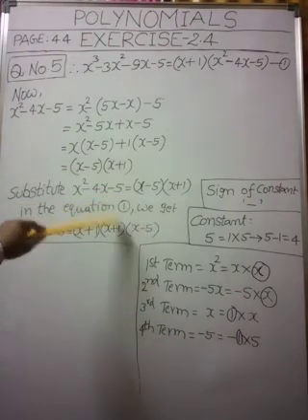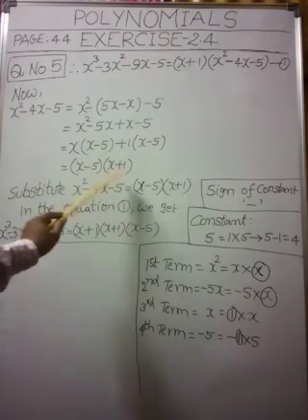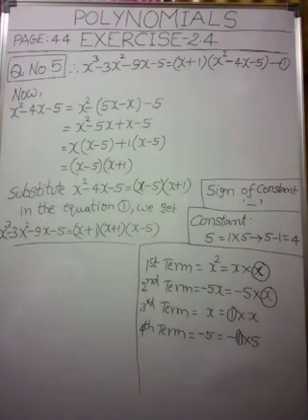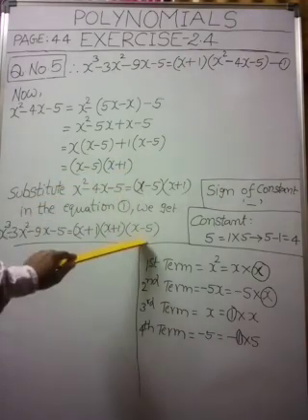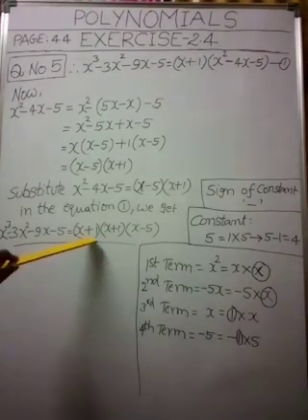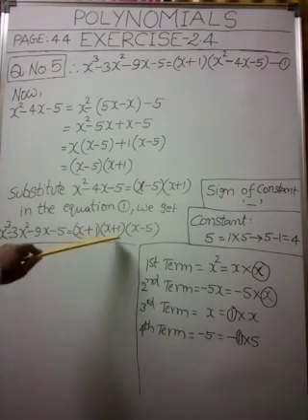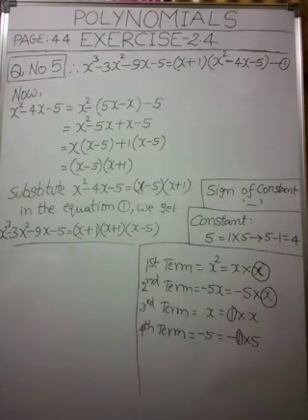After this one, we write these two factors: x plus 1 into x minus 5. We can write the factors in any order. That is why I wrote x plus 1 into x minus 5. So how many factors did you get here? 3 factors. x plus 1 is one factor, x plus 1 is another factor, and x minus 5 is a third factor. Understood this part, my dear children?